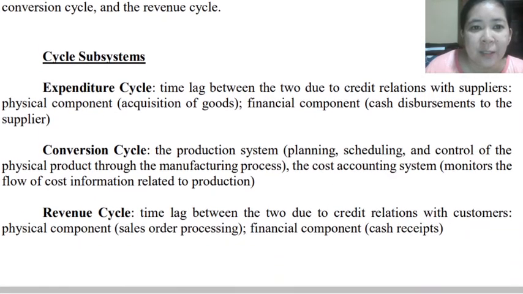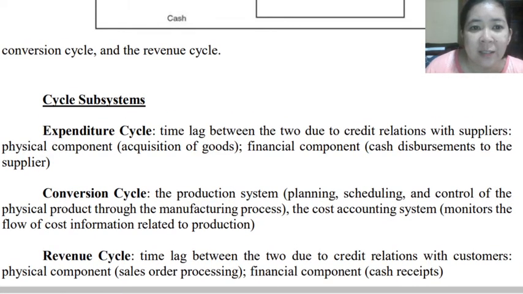So for the sub-cycle, we have here the other supporting explanation of the illustration that we have earlier. So for the expenditure cycle, of course, there is a time lag between the two due to the credit relations with the suppliers.